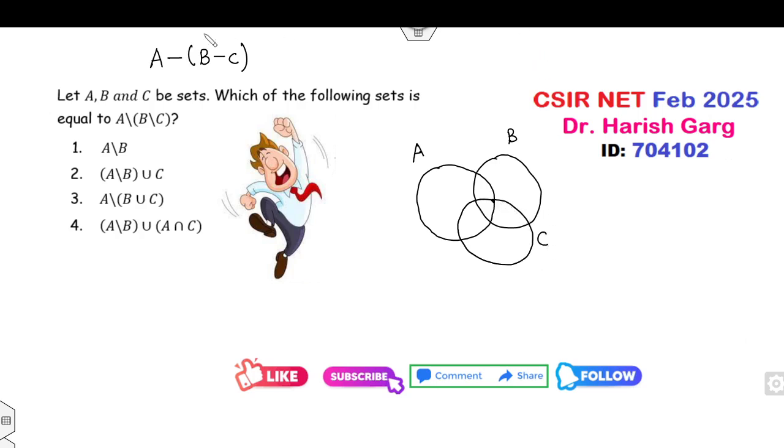Now firstly you can see what is B minus C. This is my B. You can subtract the C, so this is the portion of B minus C. Fine. Now from this B minus C, your target is to subtract A. So can you get the answer of subtracting A from this?